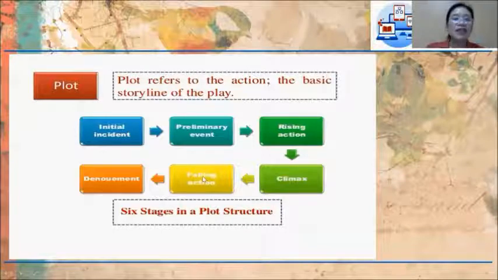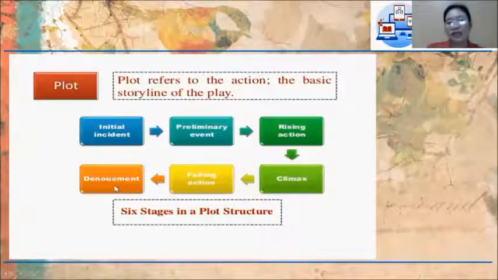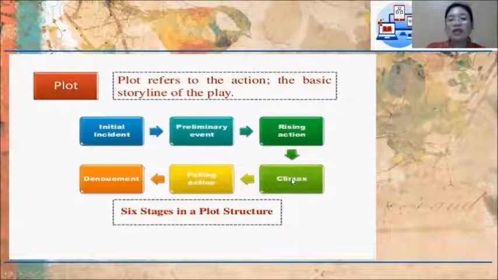And then we have the denouement. This denouement is the final part of the plot or the end. So again, in a plot, there is an initial incident, then comes the preliminary event, then from rising action comes climax, and from climax we have falling action until we reach the denouement.